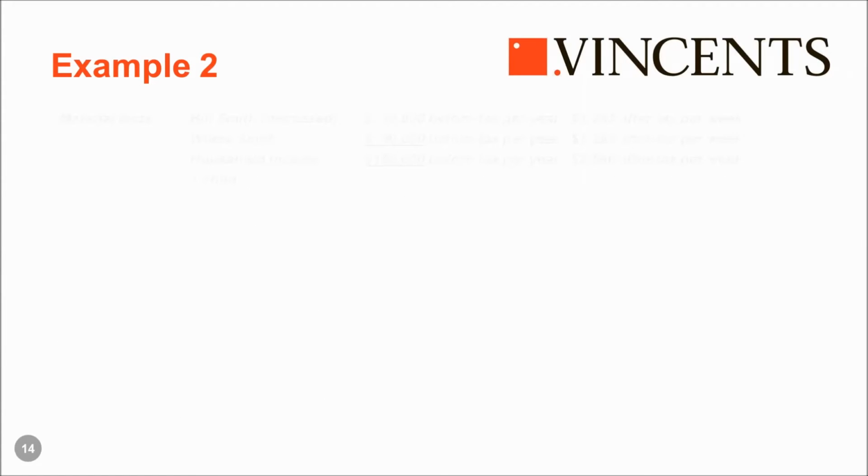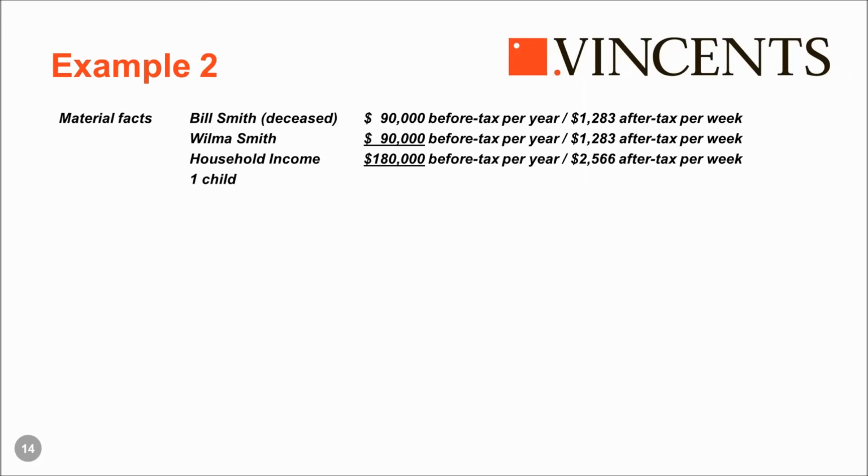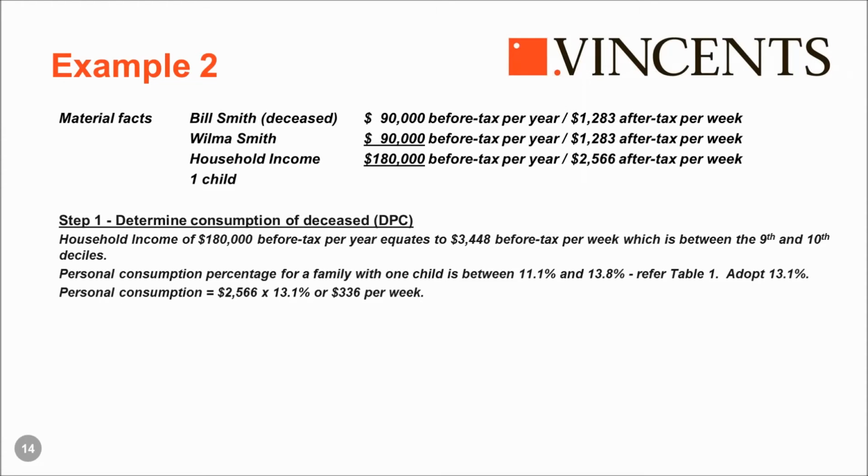Alrighty, now for the second example, we've got a husband-wife household family with just one child. So using the same approach as before, we use the tables to come up with a personal consumption percentage of 13.1%, which estimates the consumption of the deceased as $336 per week.